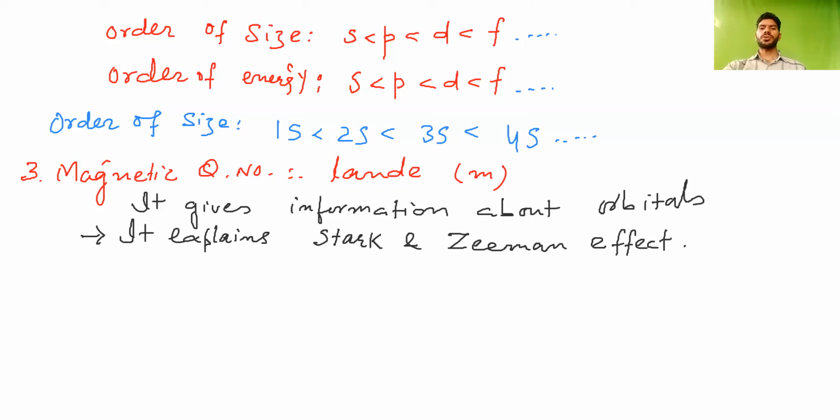And I have already told you what is actually the Stark and Zeeman effect. That is the splitting of spectral lines in presence of electric and magnetic field, right? So how to calculate the m value? So this magnetic quantum number is calculated by the formula that is minus L through 0 to plus L.